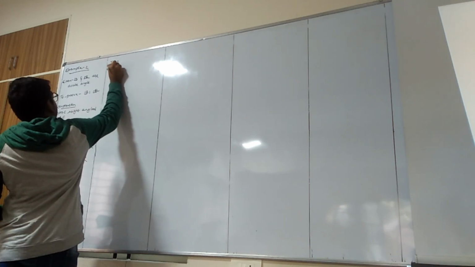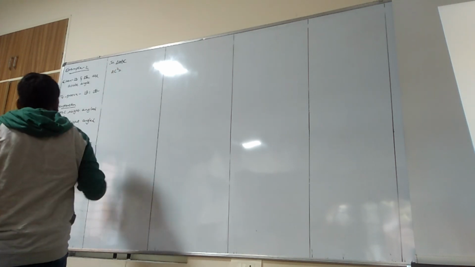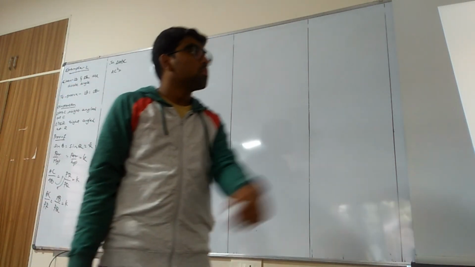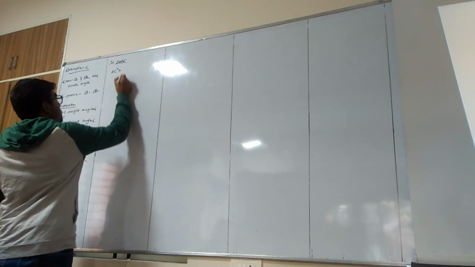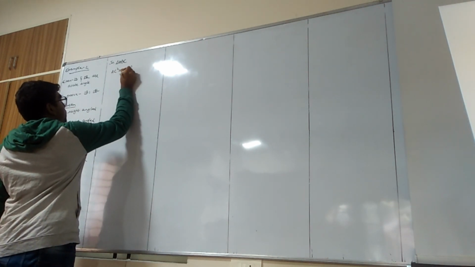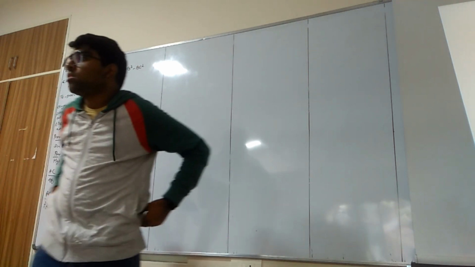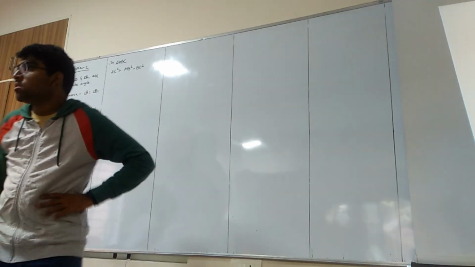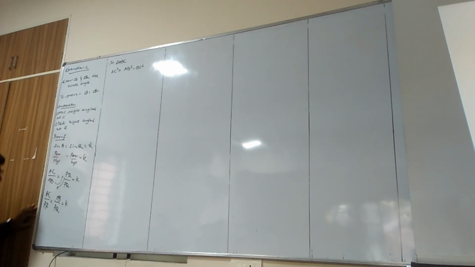Now, in triangle ABC, AC square can be written as AB square minus BC square.